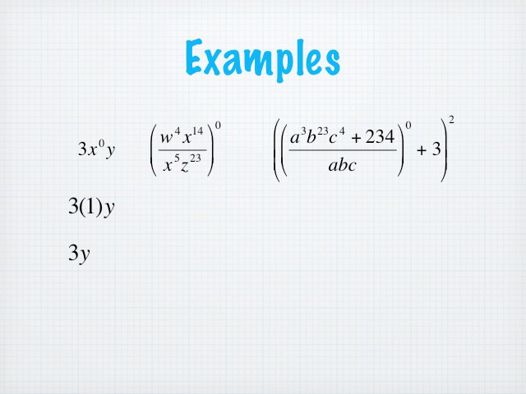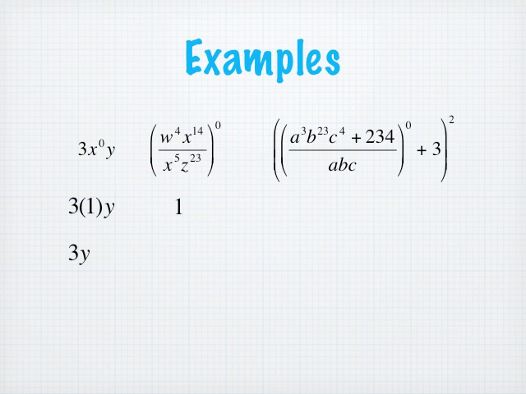So now I have this big complicated thing, w to the 4th, x to the 14th over x to the 5th, z to the 23rd, all to the 0 power. As soon as I see that 0 power, anything to the 0 power is 1. And I'm done. That's good there. Okay, let's look at this next one. It's even more complicated. Who does that 0 have power over? Only the stuff in those parentheses.